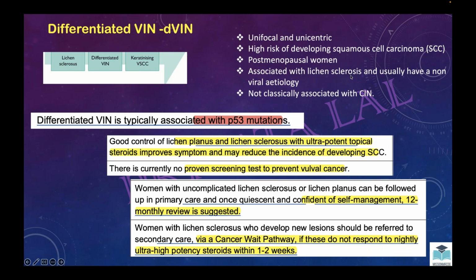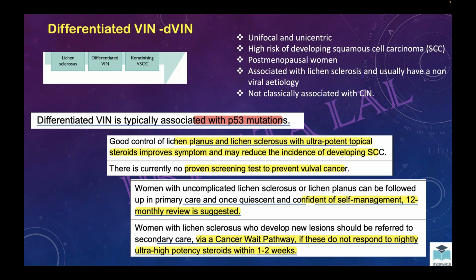It is not associated with any cervical involvement or anal involvement. So this is a different pathway, and possibility of developing squamous cell carcinoma is high. So these are the differences between DVIN lesions and UVIN lesions.